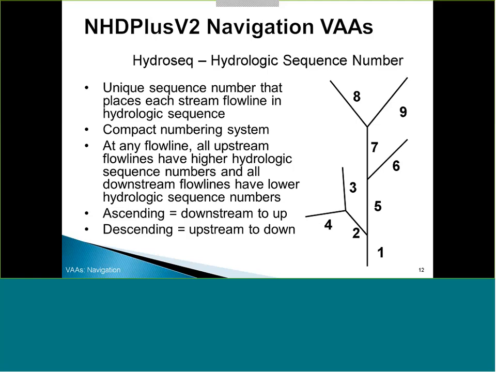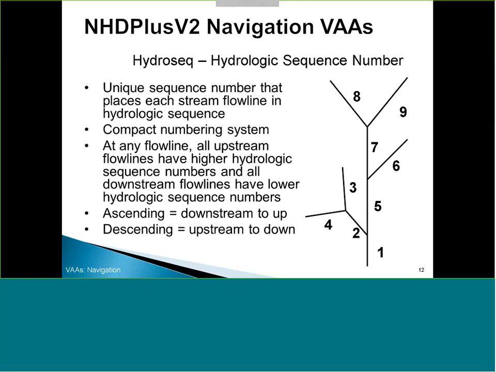What it guarantees you is whatever flow line you are looking at, you're guaranteed to have processed everything either upstream or downstream, depending upon which direction you're processing the file. You will have also processed a whole bunch of other things, but you know that you've processed everything upstream.